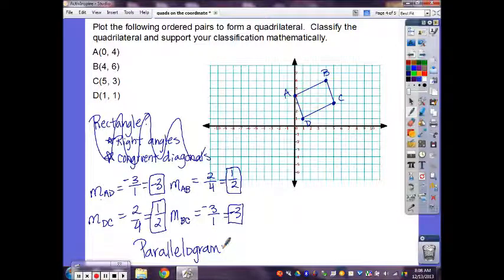Now, at this point, I could take it further. A parallelogram also has opposite sides that are congruent. So if I wanted to show that, and I do because I want to support it mathematically as best as I can, then I could find the length of all the sides by using the distance formula. So AB, BC, DC, and AD. And I'm using this notation because remember, if we don't have the segment above it, it means the measure of AB.